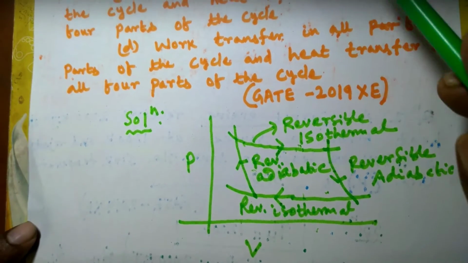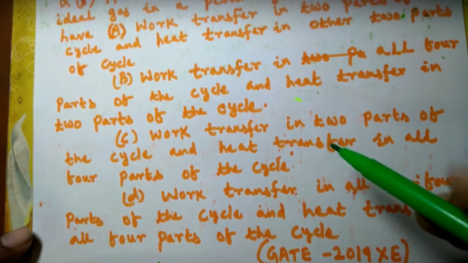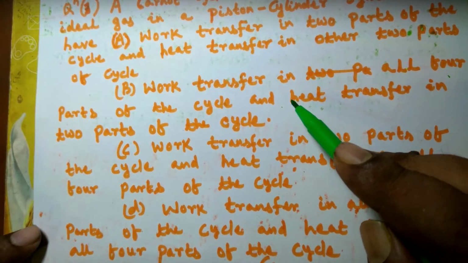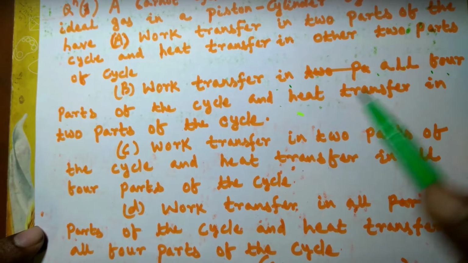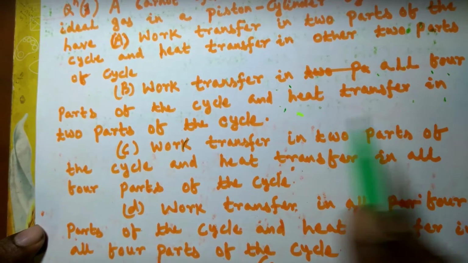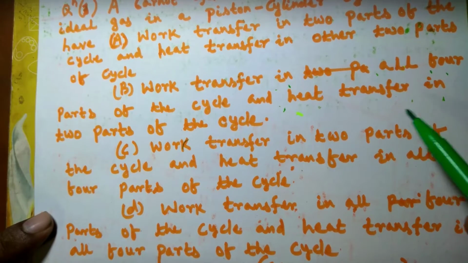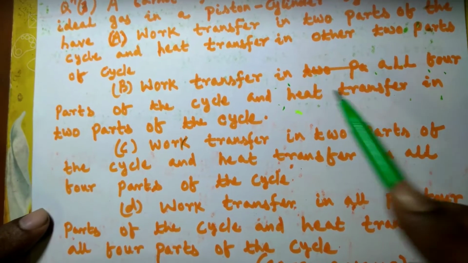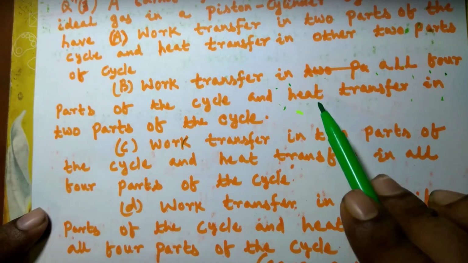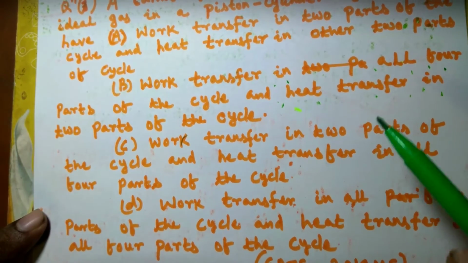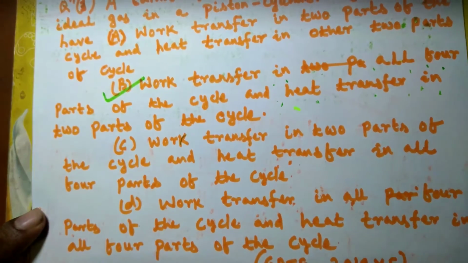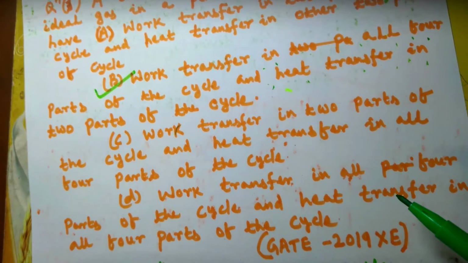So that's why, from the given statements, option B states work transfer in all four parts of the cycle and heat transfer in two parts of the cycle. So this statement is the correct one. All other statements are wrong.